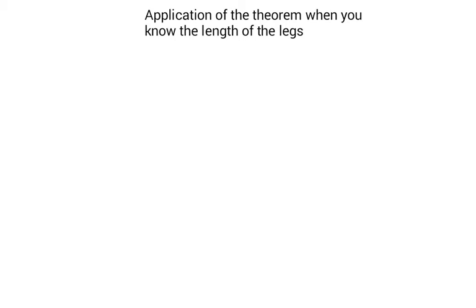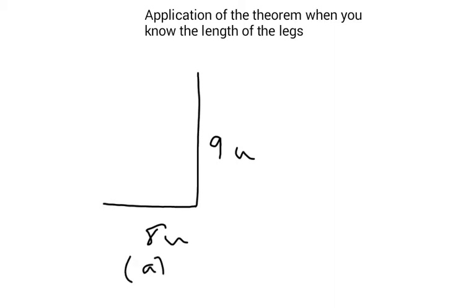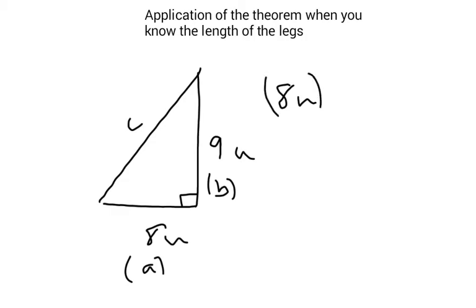If I had, say, an 8 unit by 9 unit, so this is side A, like side B, then the hypotenuse should be side C. The theorem says that a squared, or 8 units squared, plus 9 units squared will equal c squared. When I do 8 times 8, I get 64.